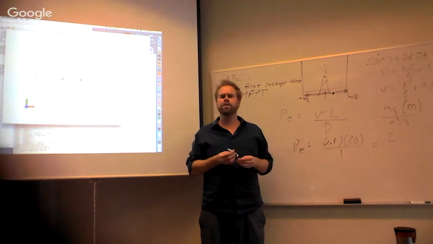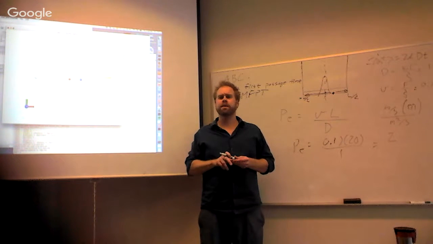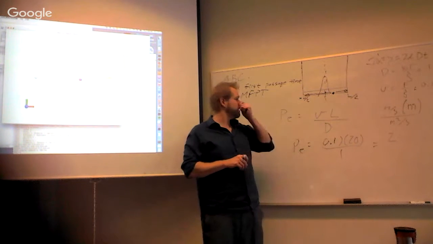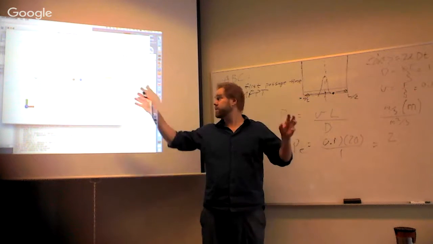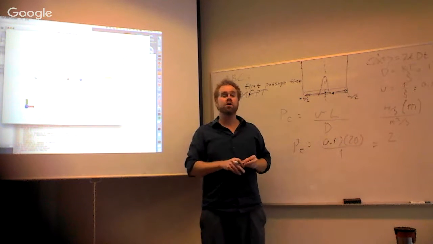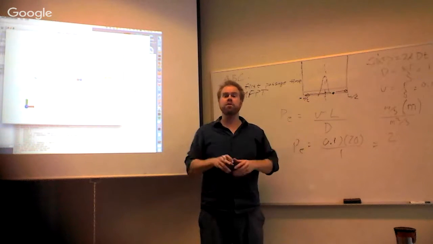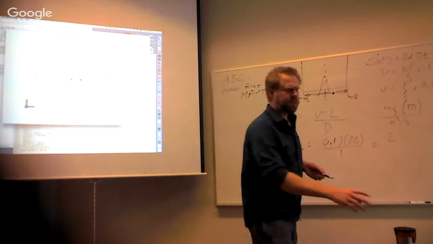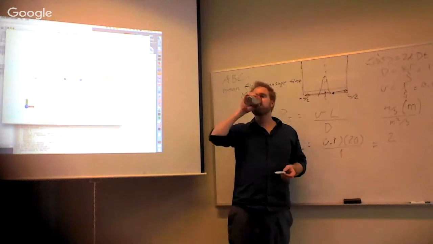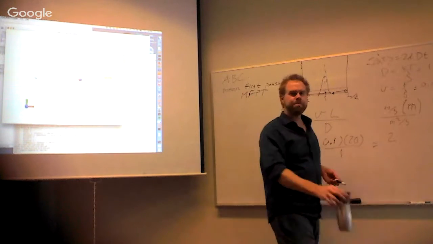Why is L on there? Because what L says is, if I go from having these other balls 20 apart to only having them 2 apart, the Peclet numbers all come down. Does that make sense? Diffusion always wins on short time scales.